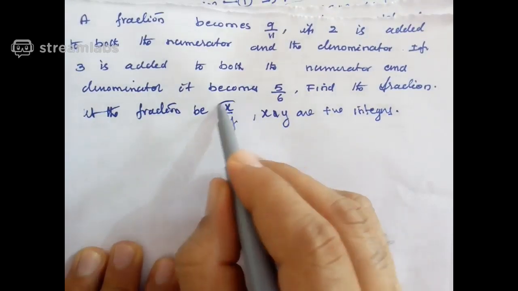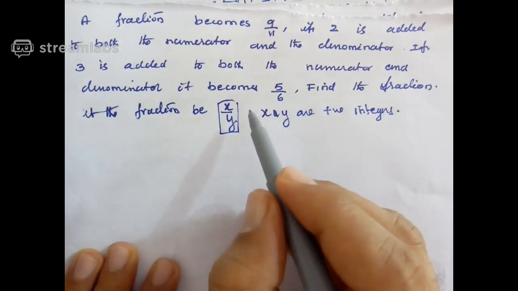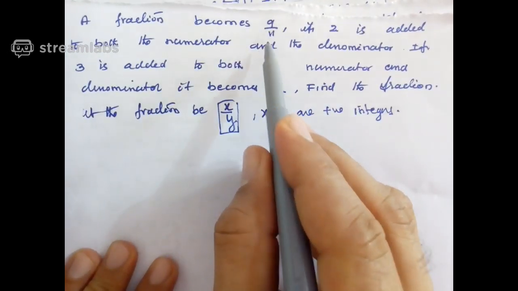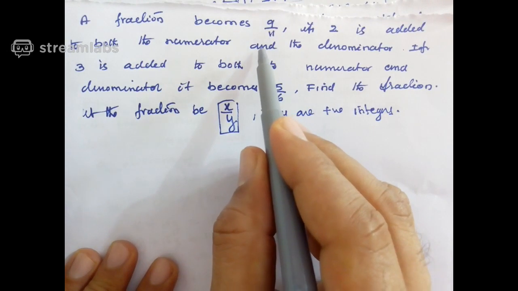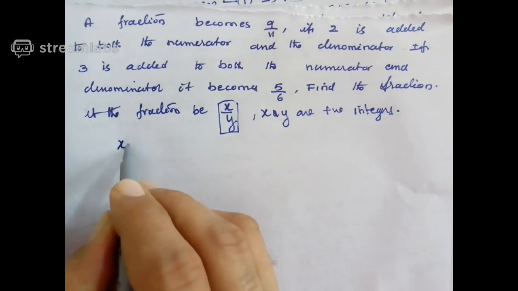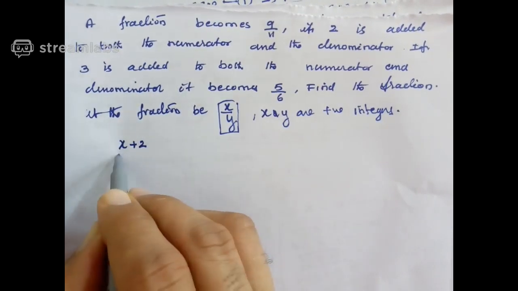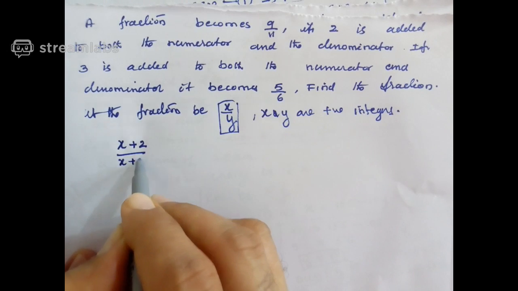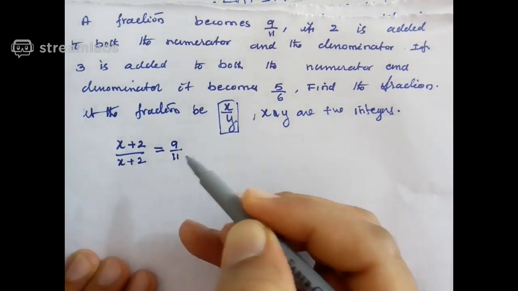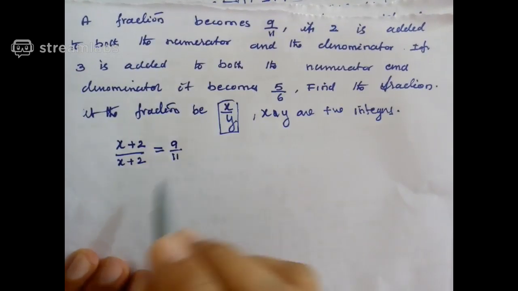So we have taken the fraction as x by y. Now see the condition. A fraction becomes 9 by 11 if 2 is added to both the numerator and denominator. So if 2 is added to the numerator and if 2 is added to the denominator, the fraction's value becomes 9 by 11. That is the first condition.